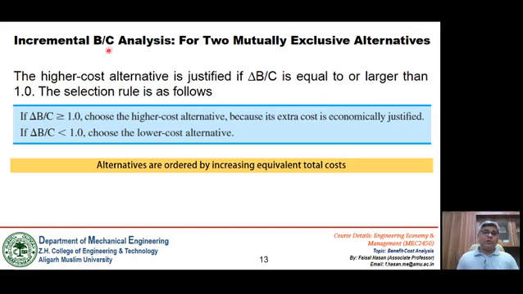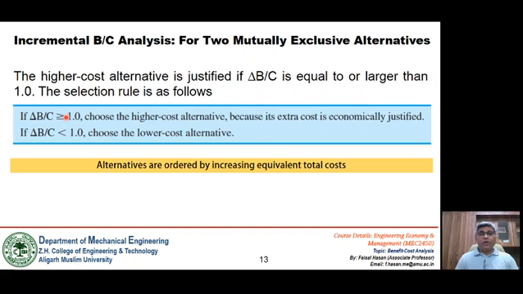Again, the basic criterion is that the higher cost alternative is justified only if the incremental benefit to cost ratio is greater than or equal to 1. Otherwise we stick with the lower cost alternative.